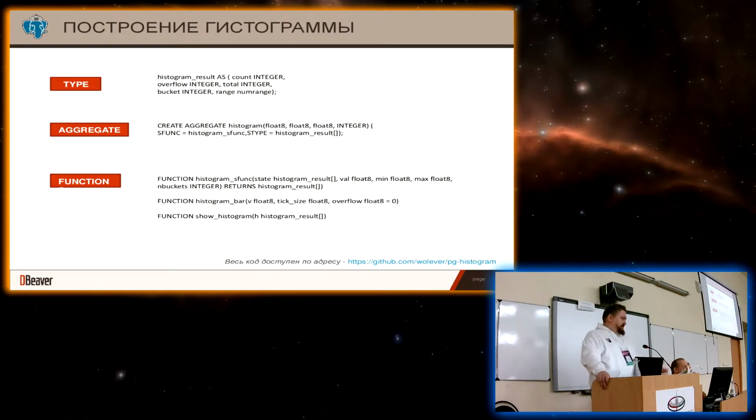And you can look at this code and use it for your histograms. It uses type histogram, one aggregate histogram, and operating functions. There are interim calculations, and they use a number of sets of variables, and we use them for debugging, basically.